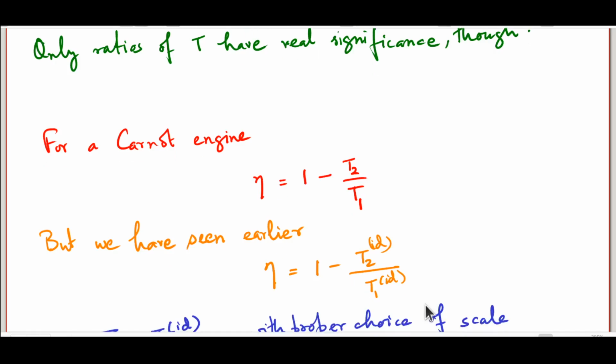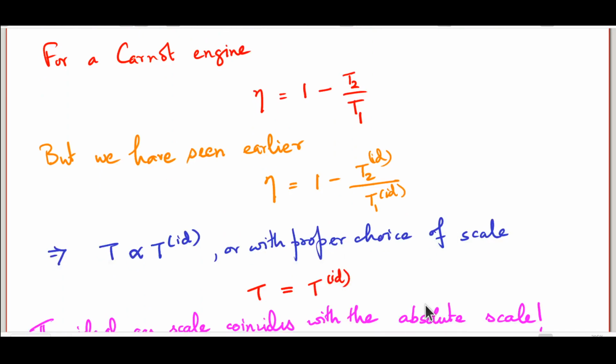These two results taken together tell us that the absolute temperature and the ideal gas temperature must bear a constant ratio. They must be proportional to each other. And just by choosing a proper scale, that is a proper unit, we will end up with T equal to T ideal.